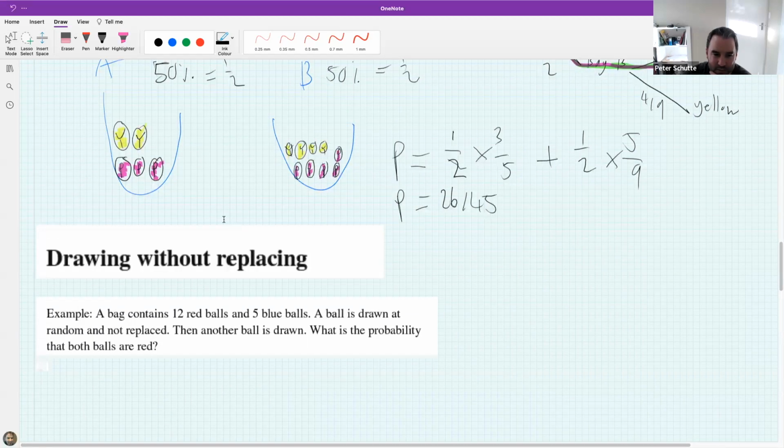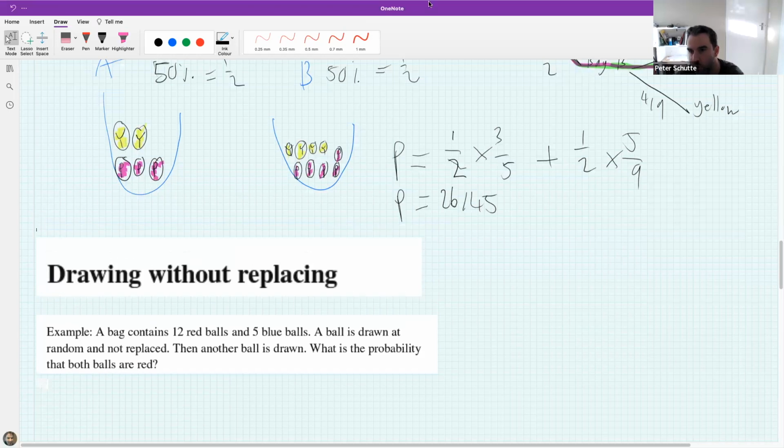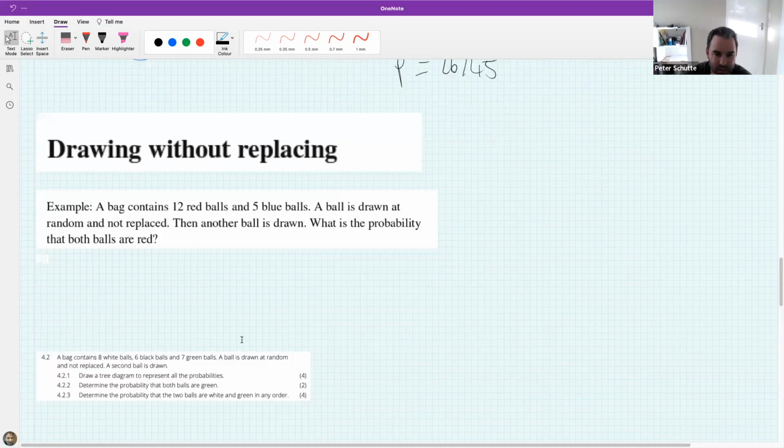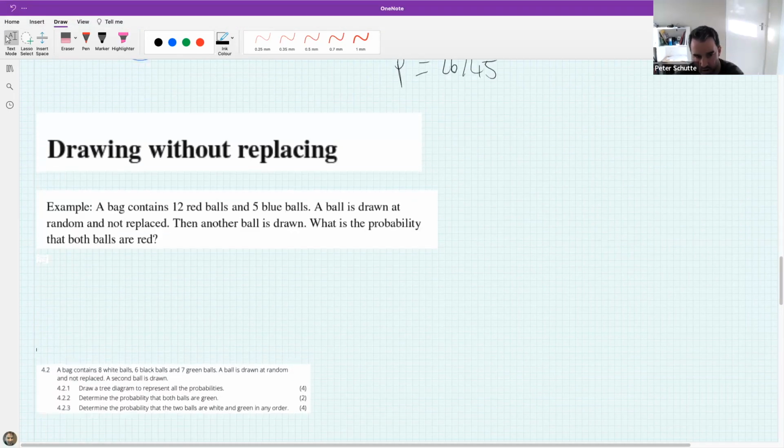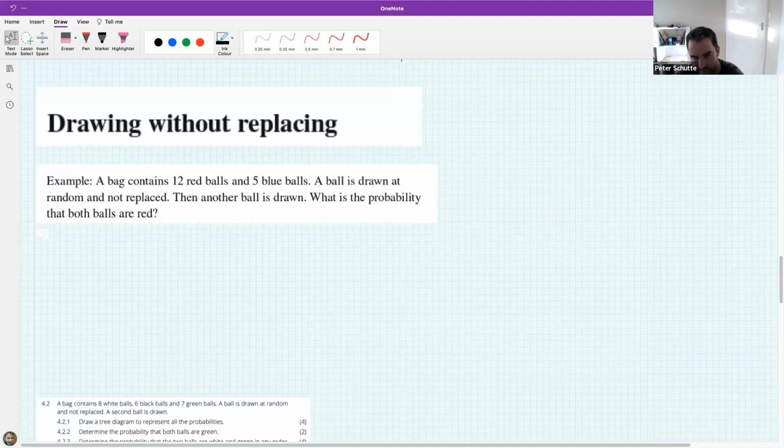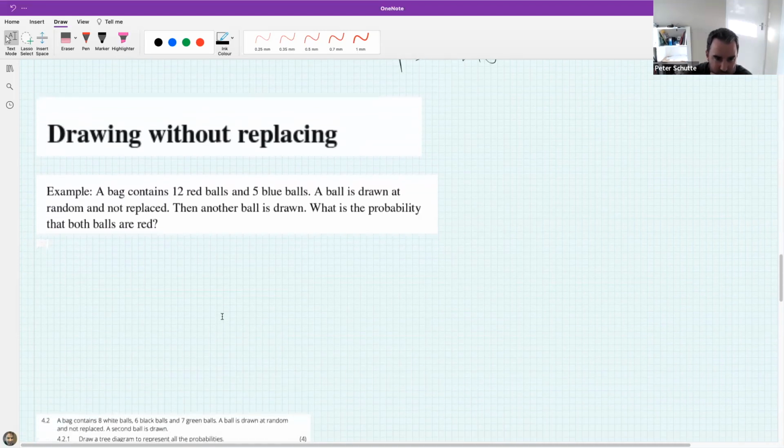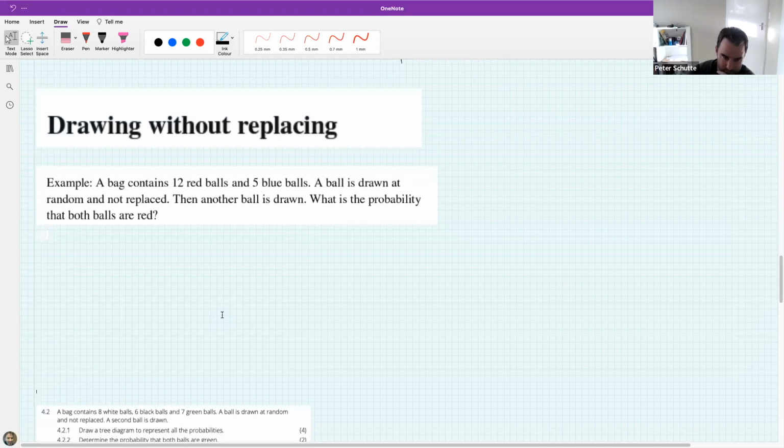Okay. Now, since you have all been rejuvenated by your brain break, we are going to look at drawing without replacing. I want you to think about what might happen to my tree if I take out a ball and I don't put it back.